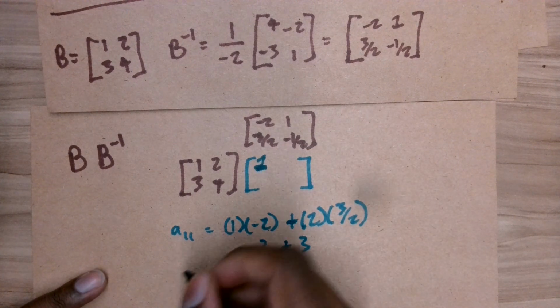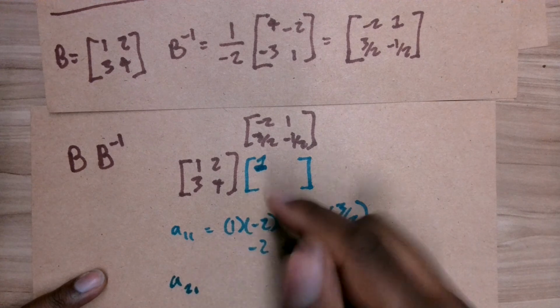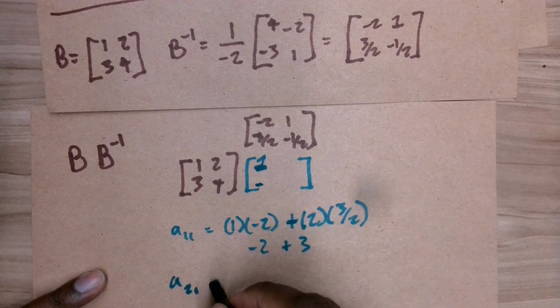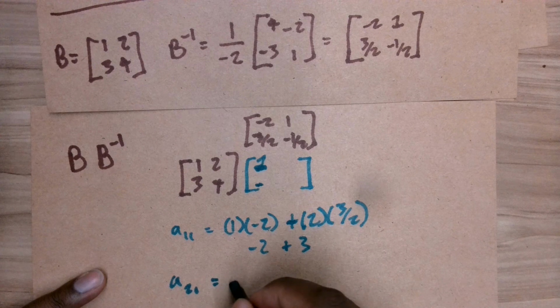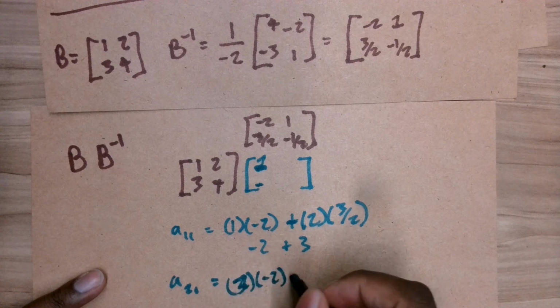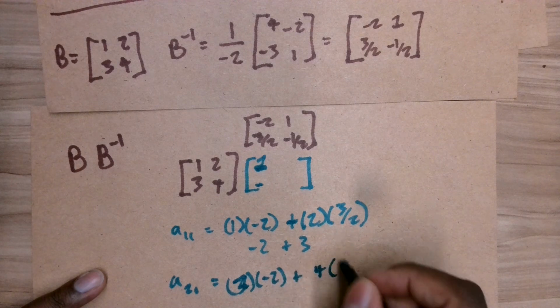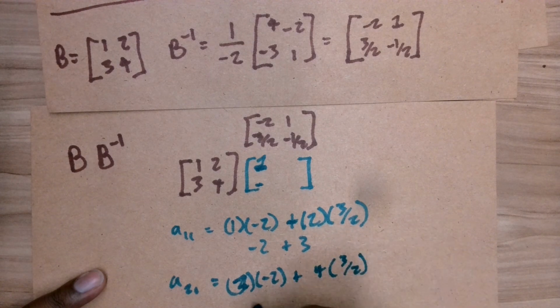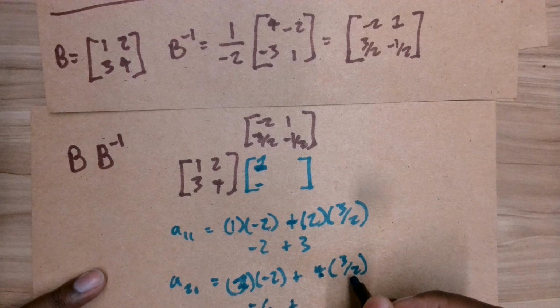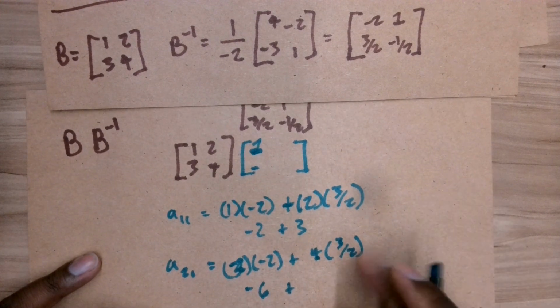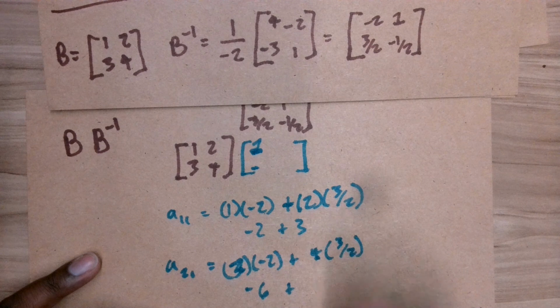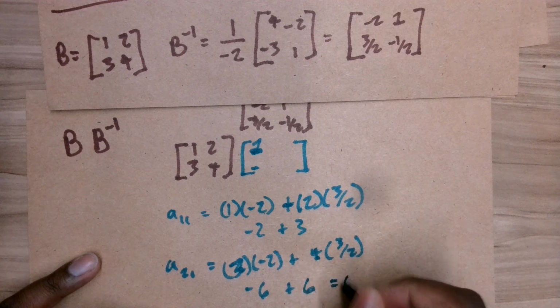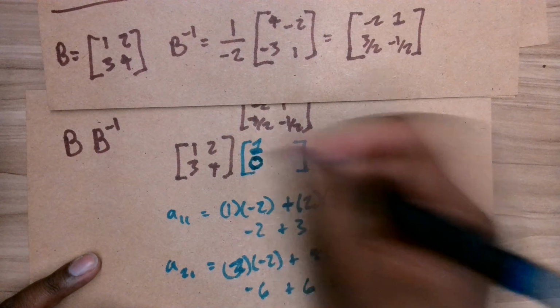The next one, A21, is -3 times -2 plus 4 times 3/2. That's 6 plus 4 divided by 2, which is 2, times 3 is 6. So -6 plus 6 is 0, and 0 goes right there.